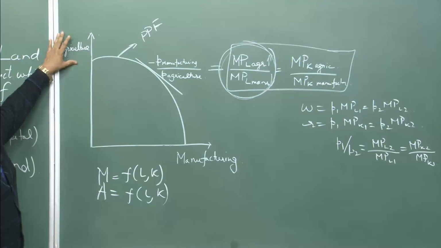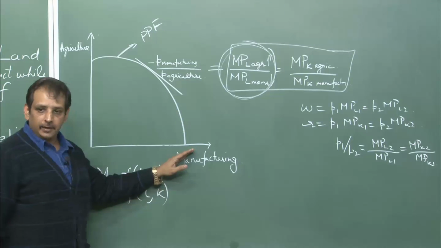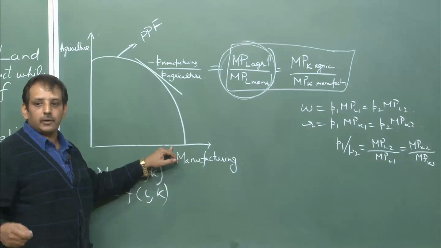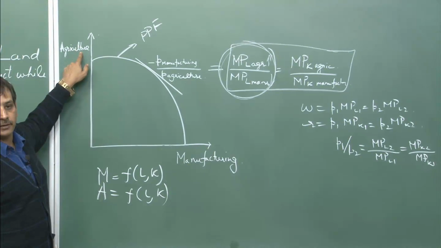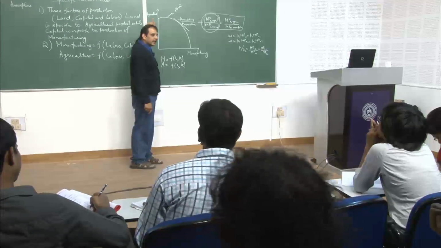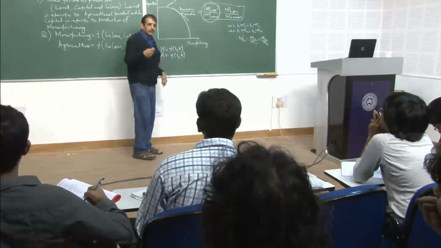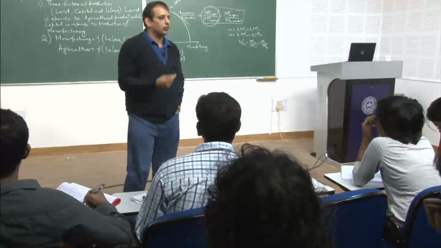But what we are saying is that when you increase the production of manufacturing, then because it is capital intensive, right, it will require more of capital, which is not forthcoming from agricultural sector, because agricultural sector is labor intensive, right. So, then the relative prices of the capital goes up.